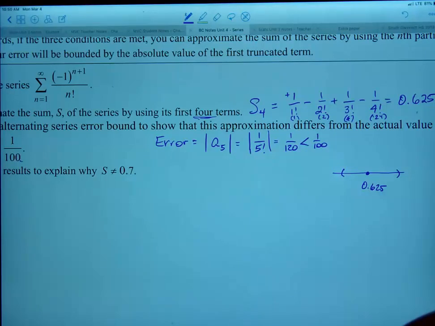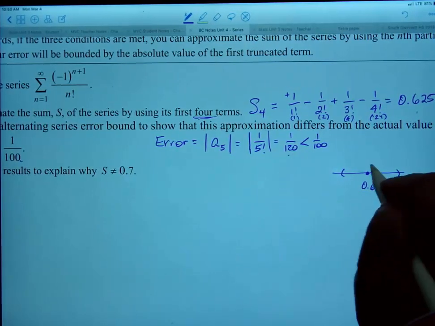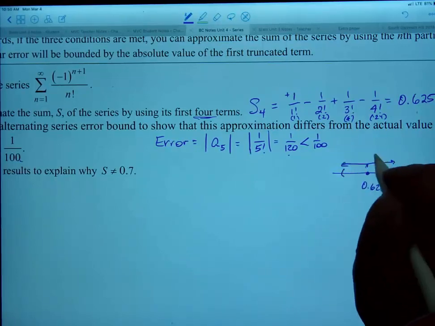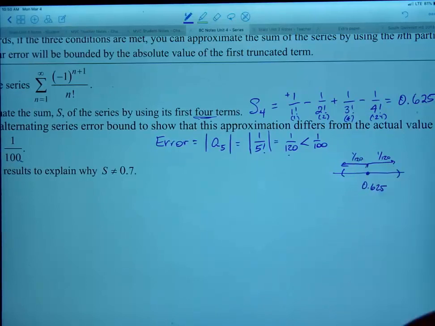So what does that mean in reality? What that means is this 1 over 120 is the width of the window. That's how far out you go in either direction, and you can be guaranteed that the sum will be in there. That's what the 1 over 120 is. It's the width of my window.